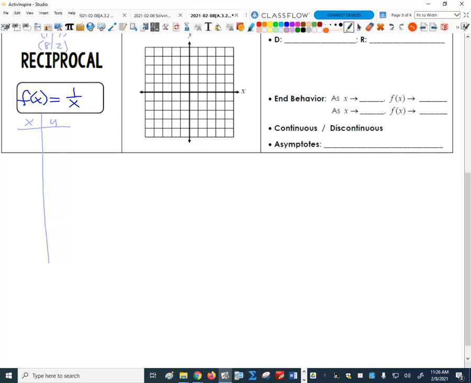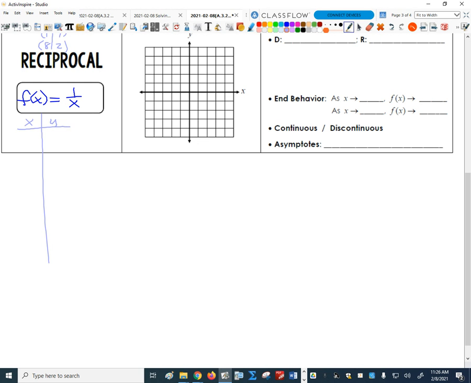What happens if I input a 0 for x? What's my output? That's weird, isn't it? If I input a 0 for x, my output is 1 divided by 0. Can I do that? Can I divide by 0? I can't do that, right?